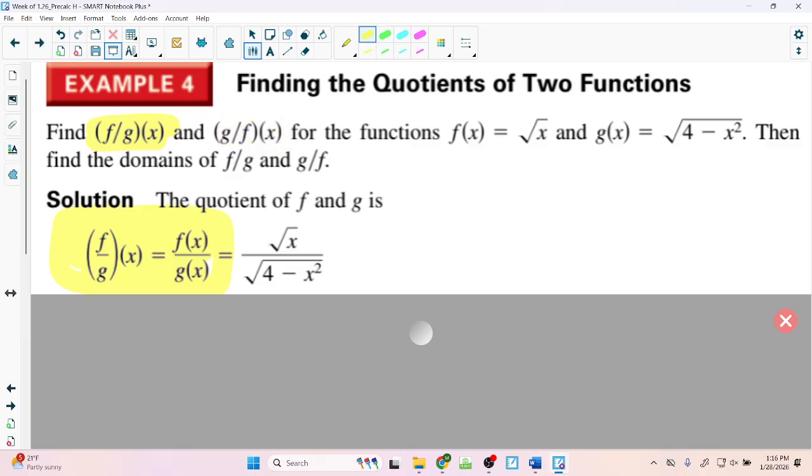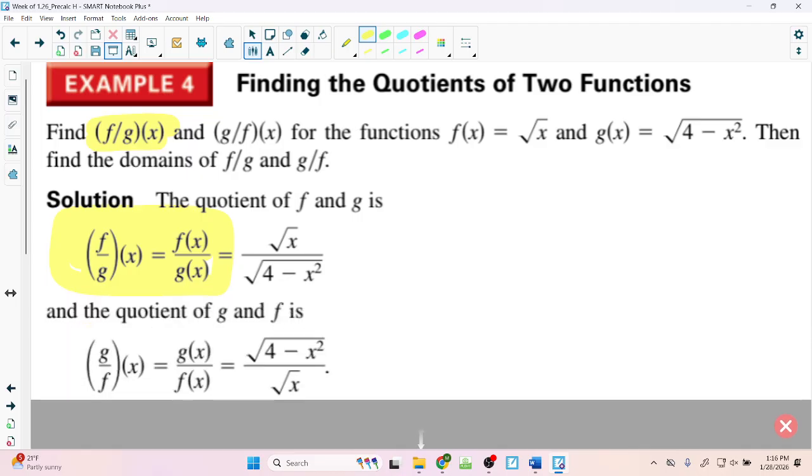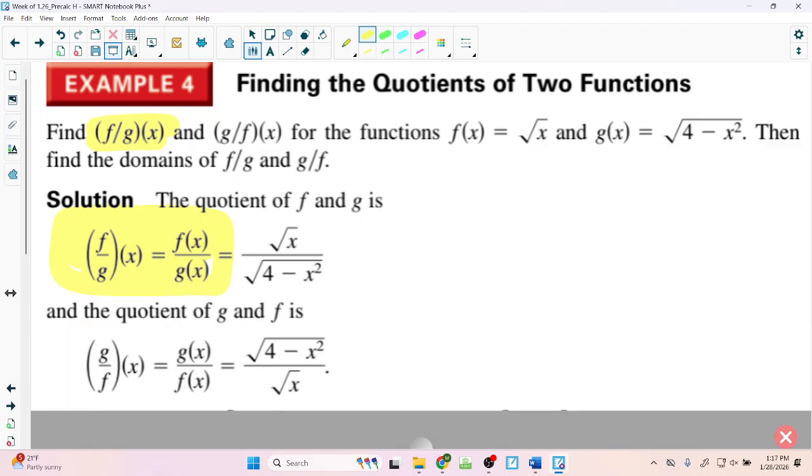This means this, and this means this. All you're going to do is put in f of x divided by g of x. That's it. You found it. You're also going to do g of x divided by f of x, so just flip it: g of x on top and f of x on bottom. So there you have it. Those are a couple little examples.